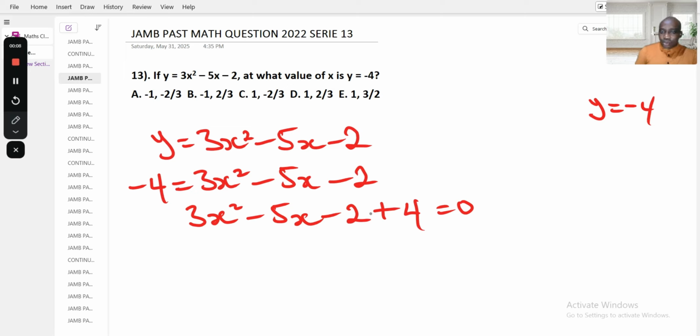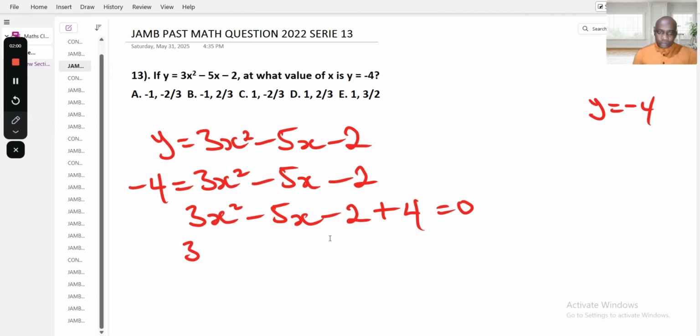Now we have minus 2 plus 4, which gives us plus 2. Now we have this equation.